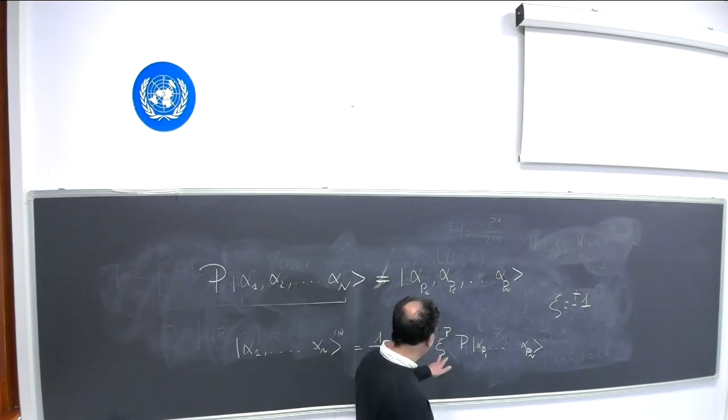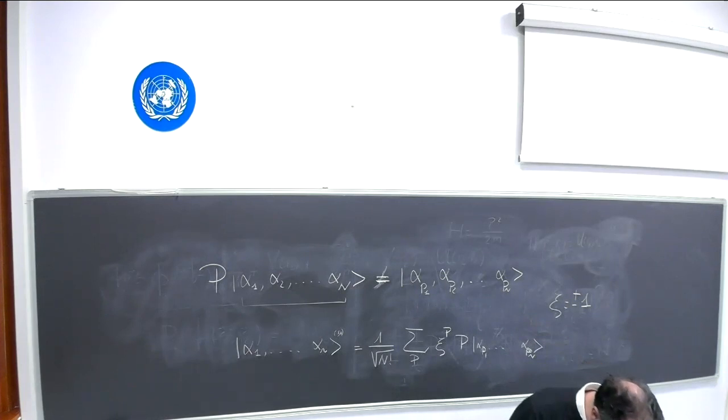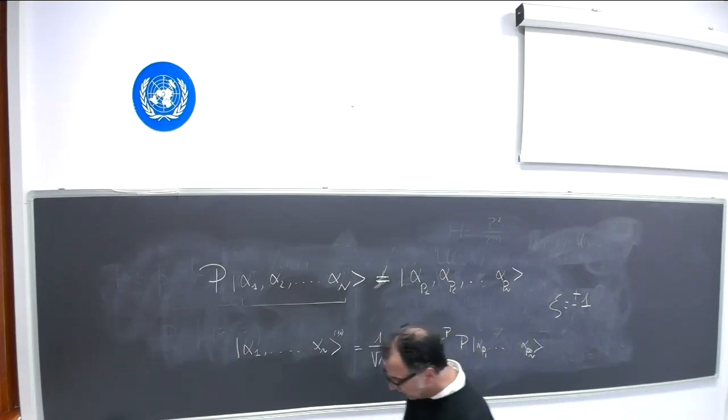In the case in which psi equals minus 1, this can be written as a determinant. This determinant is called the Slater determinant, and it is a Slater determinant only in the case of fermions.